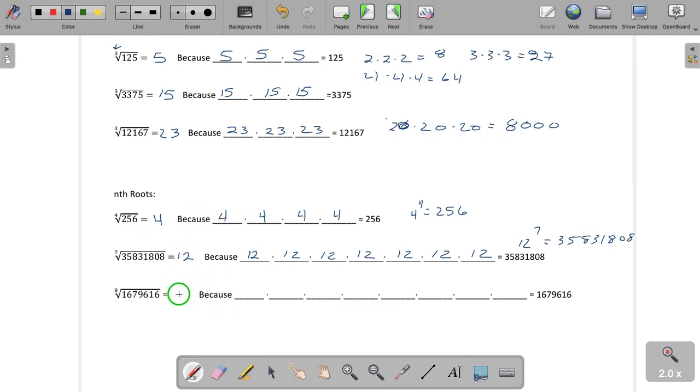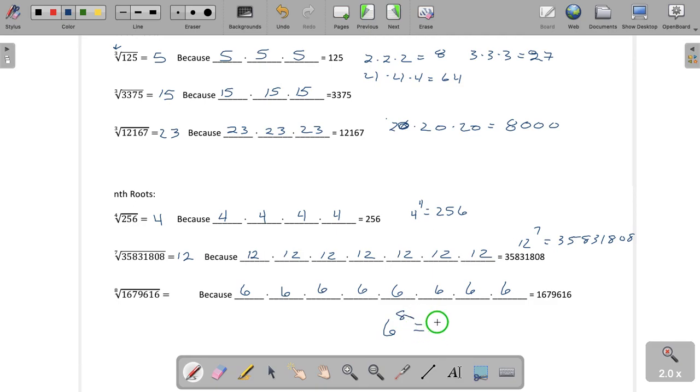Okay, last one here. And again, I had to use a calculator to get the answer for this one. 1,679,616. Turns out the answer is 6. Okay, 6 times 6 times 6 times 6 times 6 times 6 times 6 times 6, otherwise known as 6 to the 8th.